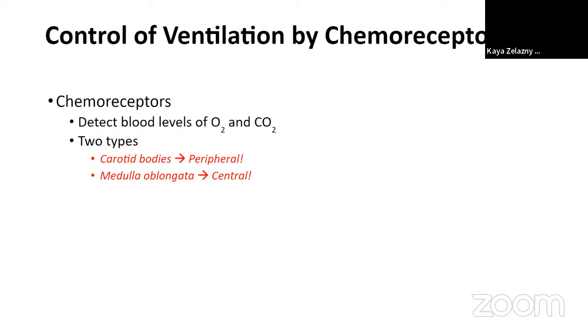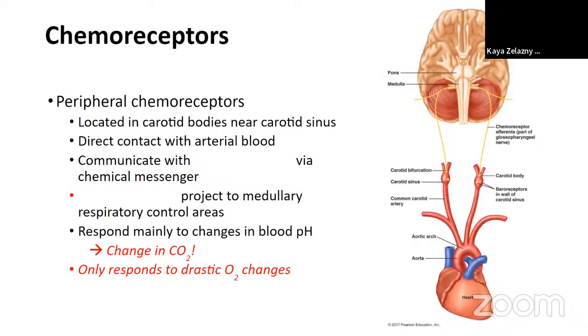So the carotid body is not part of the brain or the spinal cord, so it's peripheral. The medulla oblongata is part of the brainstem, so that's our central chemoreceptor. We're going to start with the peripheral chemoreceptor in the carotid body. Because it's right there at the juncture of the internal and external carotid arteries, it's in direct contact with the blood.